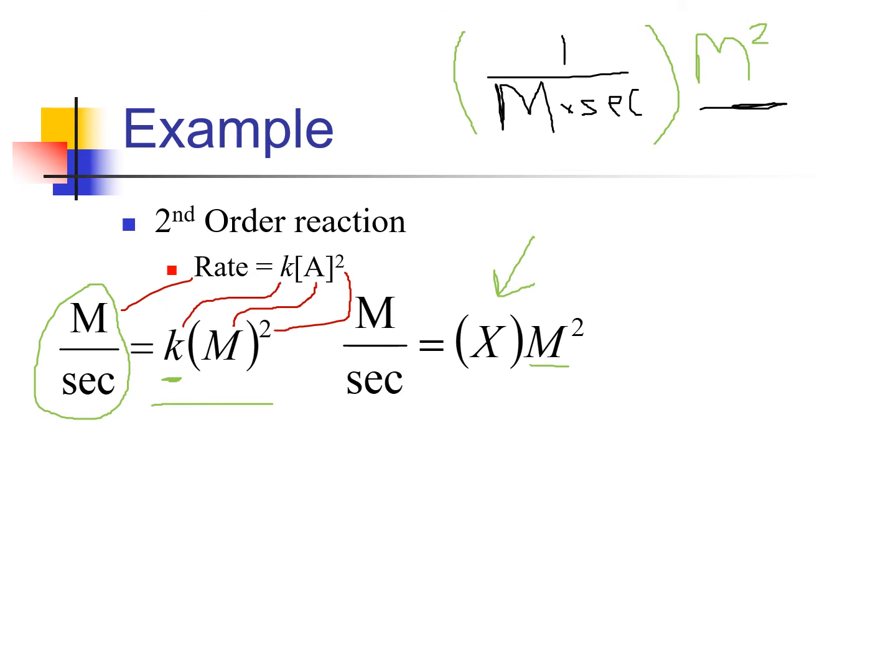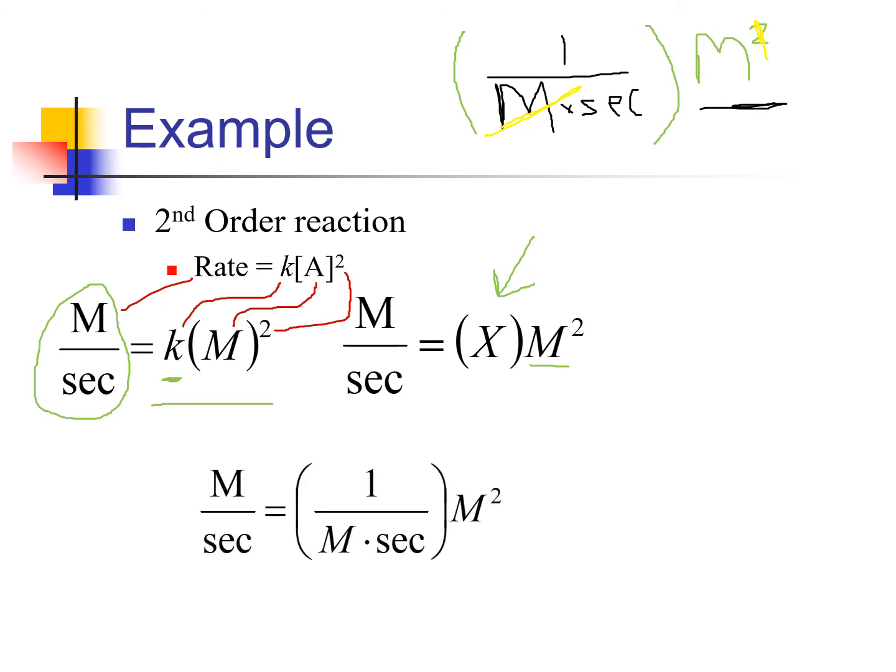So now we'll see that one molarity cancels, the square cancels, leaving us with a molarity on top, seconds on the bottom, giving us molarity per second. So that would be the unit of the k, because that's what it had to be to make the right side of the equation molarity per second.